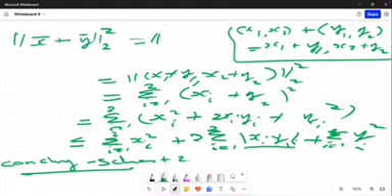What we need to do is to use the Cauchy-Schwarz inequality to resolve this one. And what does the Cauchy-Schwarz inequality say? It states the following.